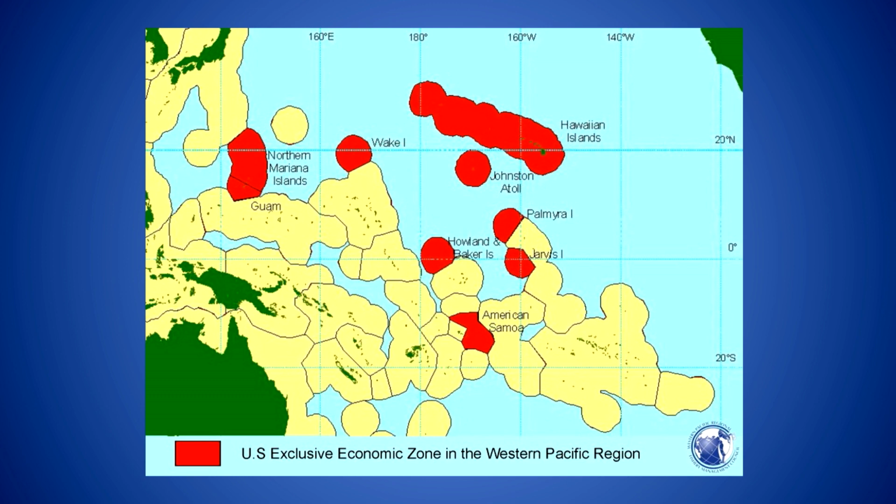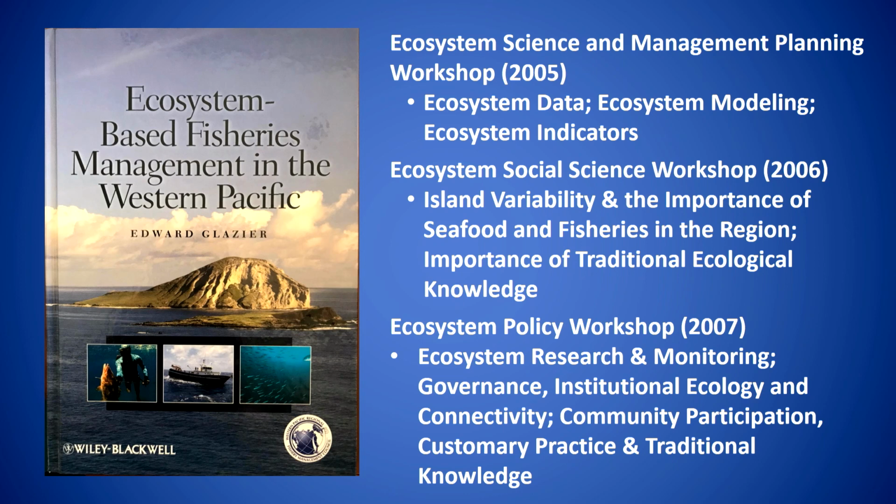In the late 1990s, the Council began to change its approach from species-based to ecosystem-based. It finalized its coral reef ecosystem fishery plan in 2001, and in 2005 to 2007, it organized a series of workshops on implementing ecosystem-based management. Nearly 100 experts participated in these workshops on science and management, social science, and policy. The Council's publication, Ecosystem-Based Fisheries Management in the Western Pacific, published by Wiley-Blackwell, provides an overview of the workshops.